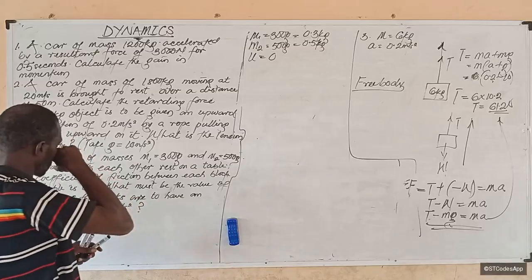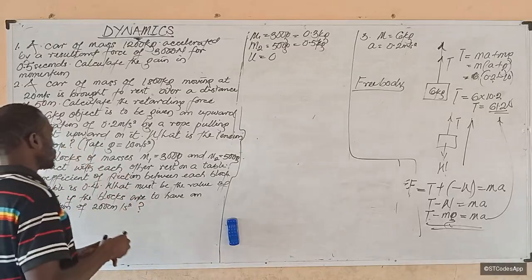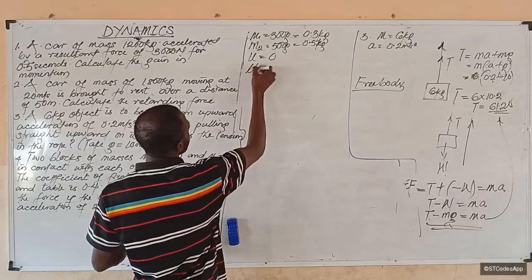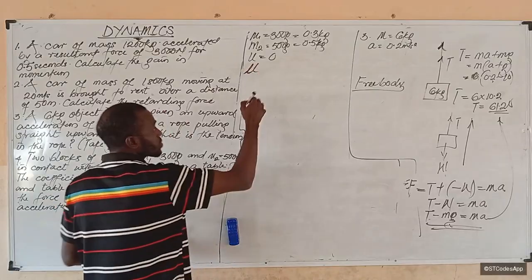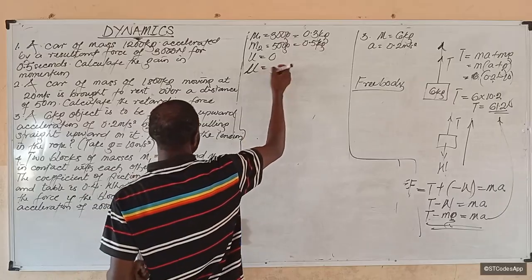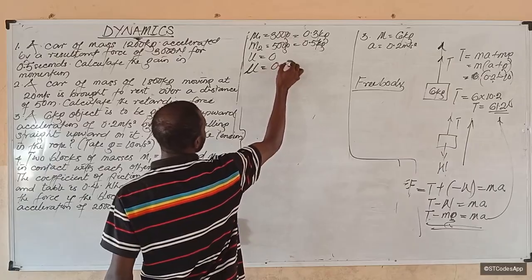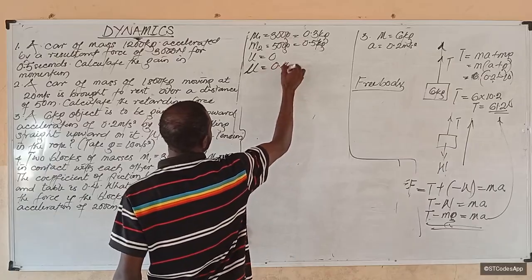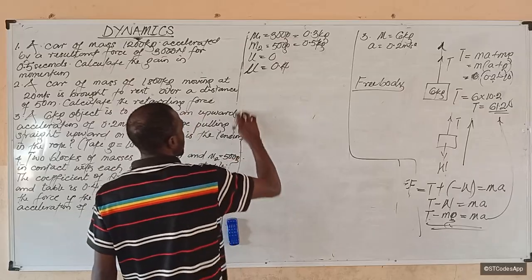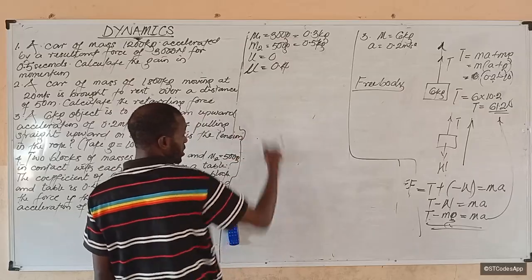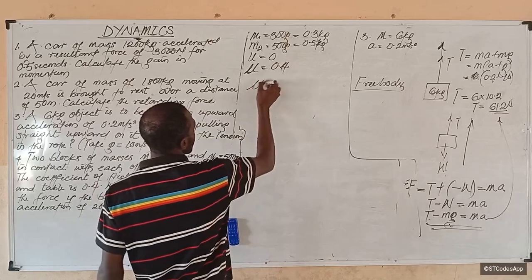Now the coefficient of friction between each block and the table is 0.4. So now there is something called mu. I didn't talk about this. Mu is the coefficient of friction. So mu is 0.4. Let me give you the formula for mu first. On a table or on a rough surface, there are two types of mu.